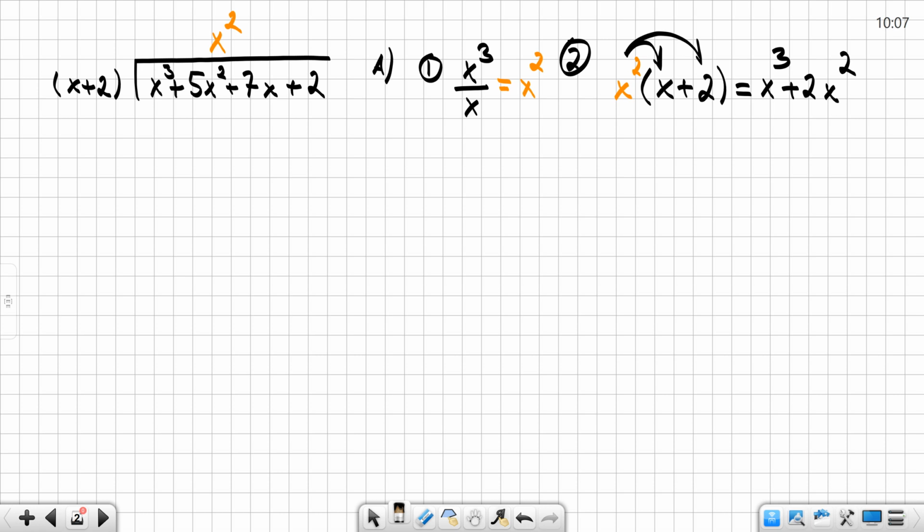So, over here, one more time. First, how often does x go into x cubed? X squared times. Now take this part of the quotient, multiply it with everything over here, and place it underneath it. And that was x cubed plus 2x squared.